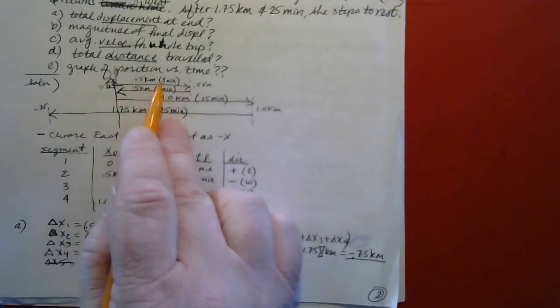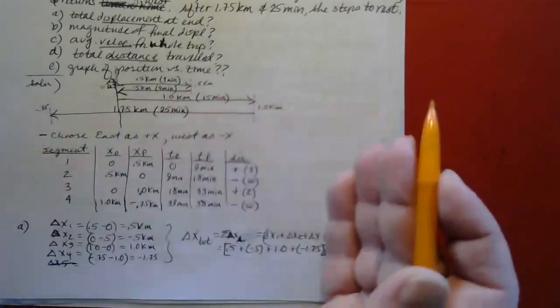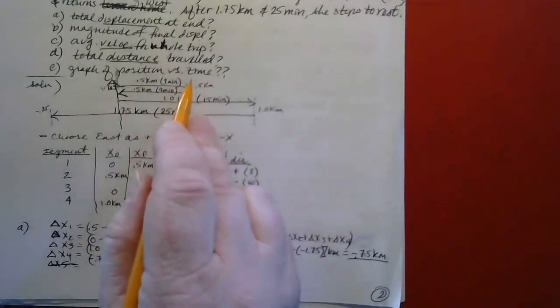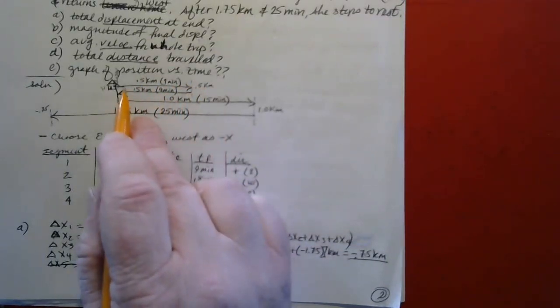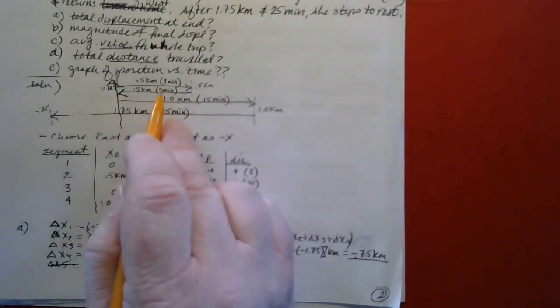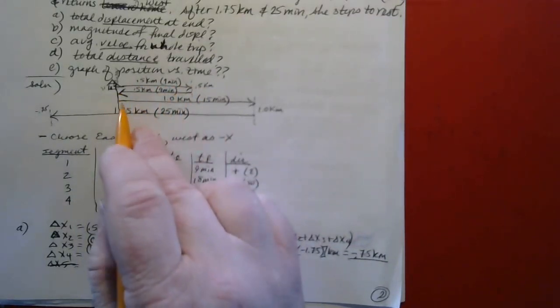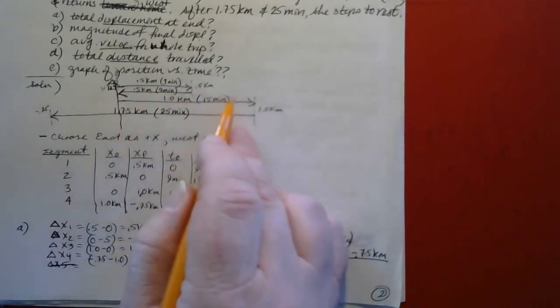From home, she goes 0.5 kilometers east, which I'm going to represent as being to the right. And it took 9 minutes. So here's the 0.5 kilometer point. From there, she turned around and went home 0.5 kilometers to the west, and that also took 9 minutes. Once home, she gathered up more of her stuff and went to the east again for 1 kilometer.